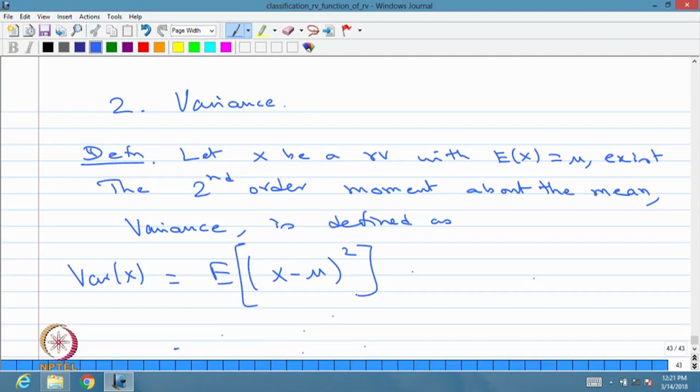So, finding the value of expectation of x minus mu whole square is going to be called the variance, that is the second order moment about the mean.